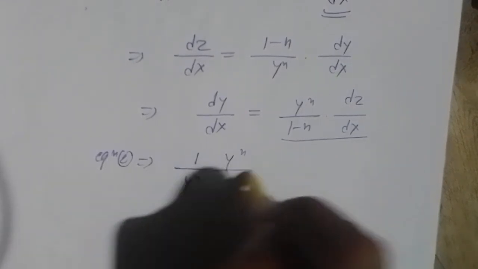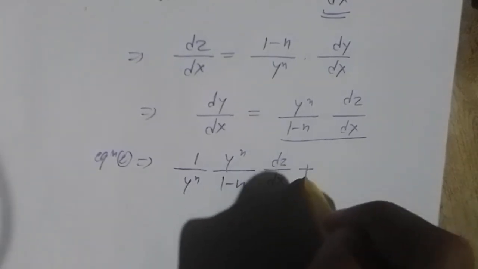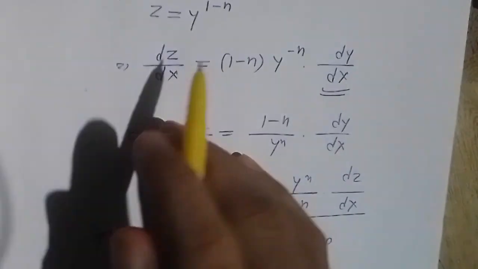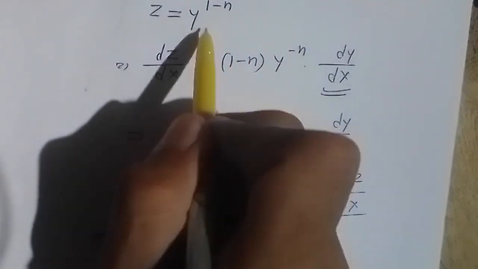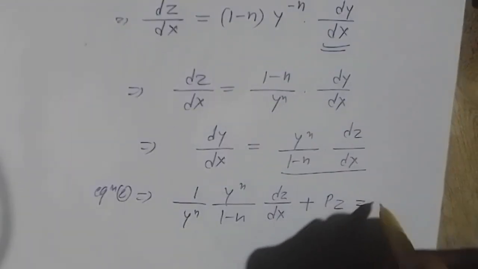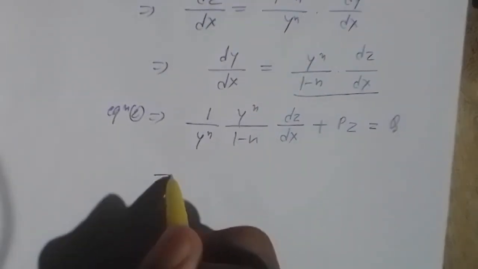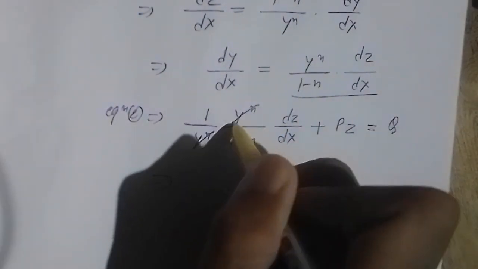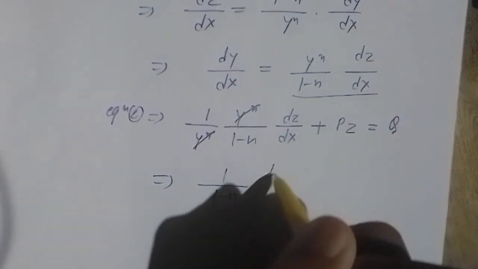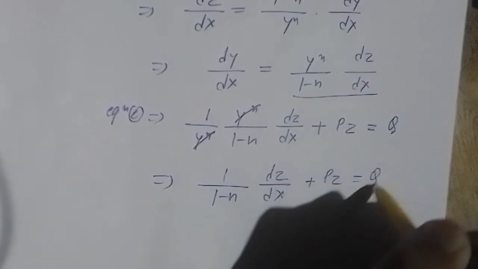Then we get y to the power n by y to the power n, 1 by 1 minus n dz by dx plus p, since we assumed z equals y to the power 1 minus n, we can write pz, and that equals q. And that implies, since y to the power n and y to the power n cancel out, here is left 1 by 1 minus n dz by dx plus pz is equal to q.